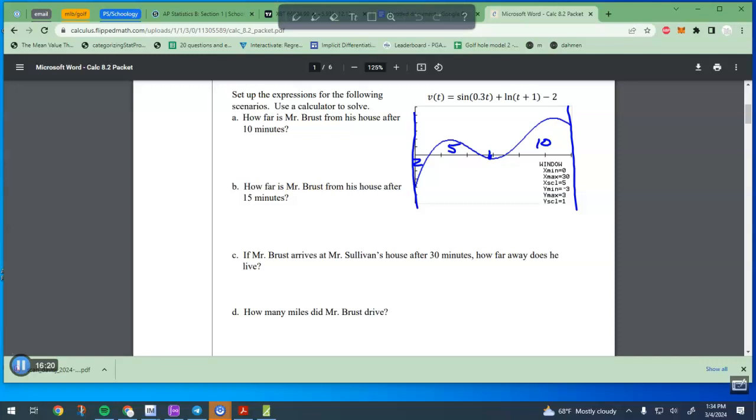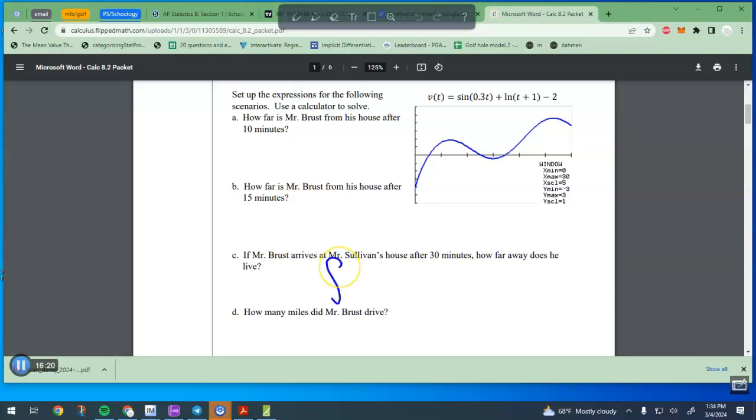It's saying how many miles did you drive. So even if he went backwards, he drove, right? He used fuel during that time. So what we want is for these negative values to become positive so they count. How do I make anything positive? Absolute value.